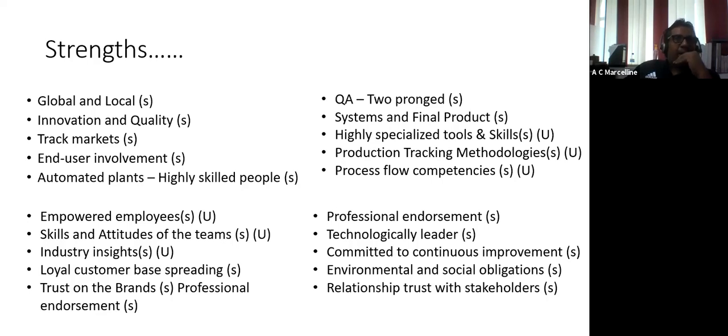So their stopping means the production line is going to stop. If the production line stops, that number of vehicles output is going to get reduced. So each and every minute that they waste, each and every minute a car is being lost. So that's critical. But the employees are given that advantage, given that empowerment to stop the vehicles.